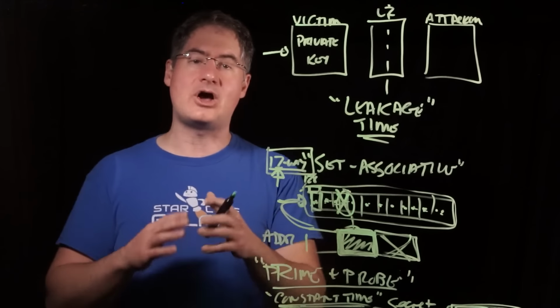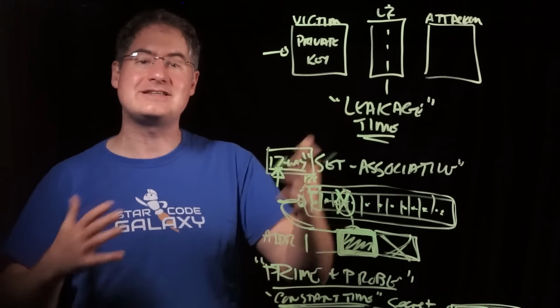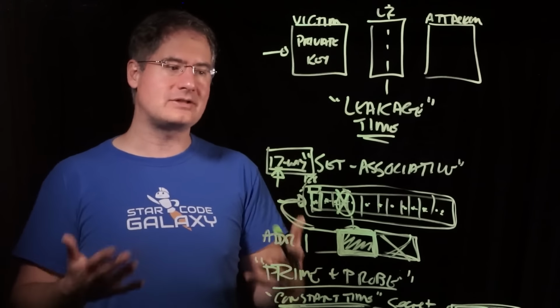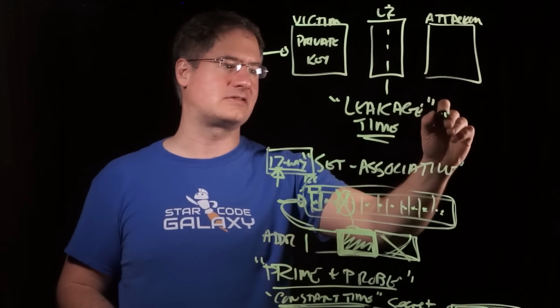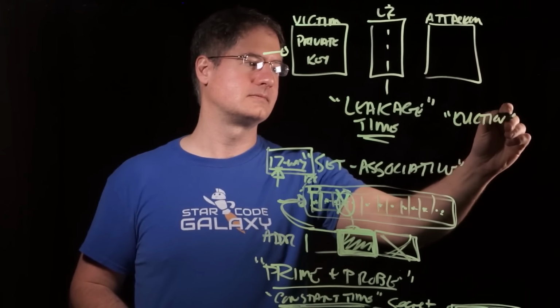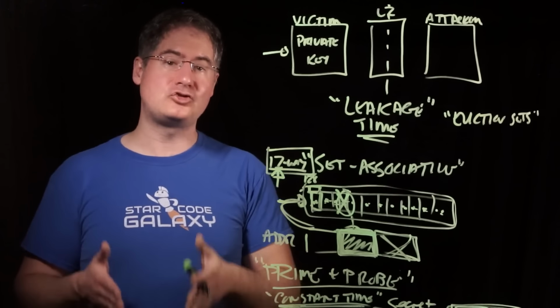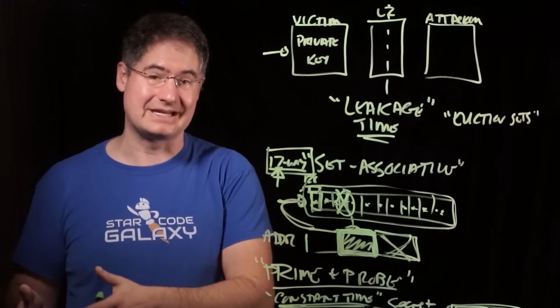And they do that on specific cache sets, and they look to see which ones are being affected. And in so doing, they build up what they call eviction sets that they know properly map to the cache sets that they need.